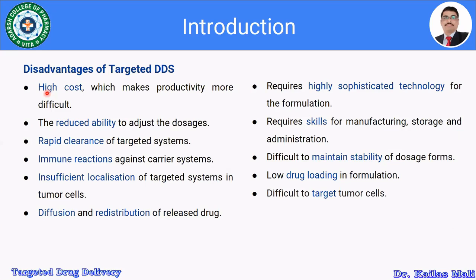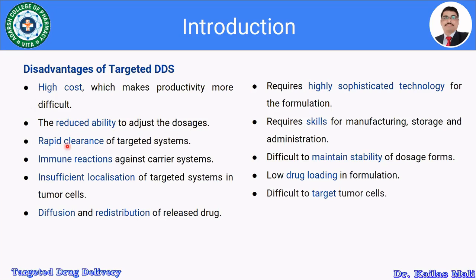So it has a high cost, which makes productivity more difficult. There is a reduced ability to adjust the dosage, as here we are developing certain novel carriers to target the tissues. So there is a reduced ability to adjust the dosages like a conventional drug delivery system.